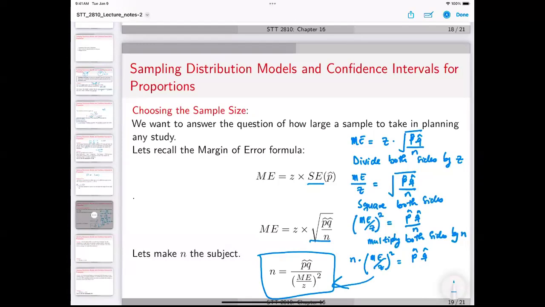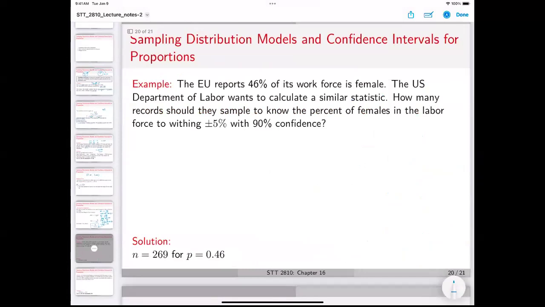Let's look at an example. In this example, we are told that the EU reports 46% of its workforce is female. The US Department of Labor wants to calculate a similar statistic. How many records? That is asking you what is the sample size?